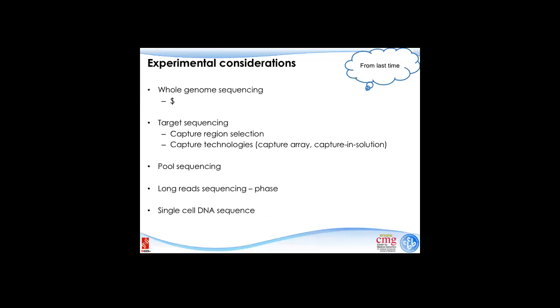And then we also talked about long-range sequencing, because first we need to be very accurate, and second, we sometimes want to phase variants. If two variants are in nearby regions, we want to know which comes with what.